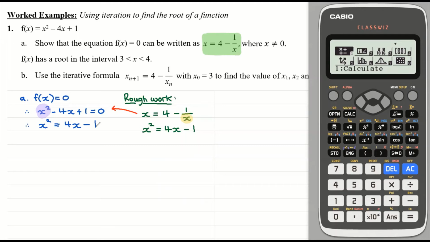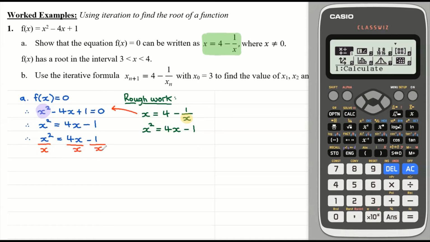Okay, and then we have to consider, how do we generate that 1 over x and that 4? Well, we divided by x. So by dividing by x, I'm just going to write it out again and show that we divide by x term by term. So x squared divided by x is equal to 4x divided by x, subtract 1 divided by x.